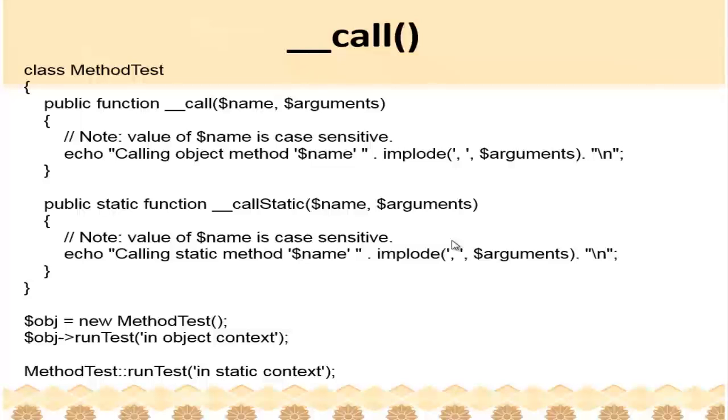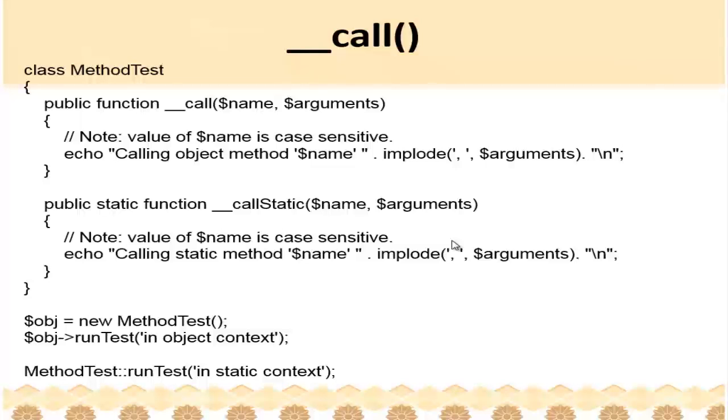Let's look at it in action. So we have __call, the magic method. The first parameter is the name, and the second one is the arguments. This says the same thing, the only difference is this is a static method. If you want to create a static method, use __callStatic.